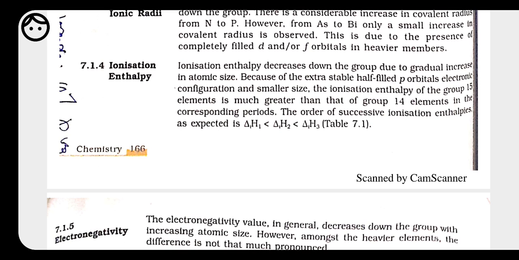If we try to add an electron into the outermost shell of nitrogen, which is already half filled, it will change its stability and it will no longer be half filled or fully filled. That's why it does not allow any more electrons to come in easily, and the value of electron gain enthalpy is less.